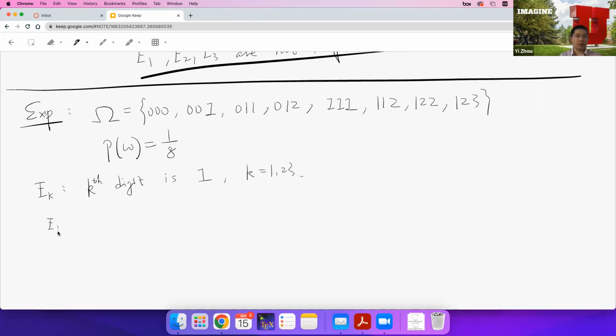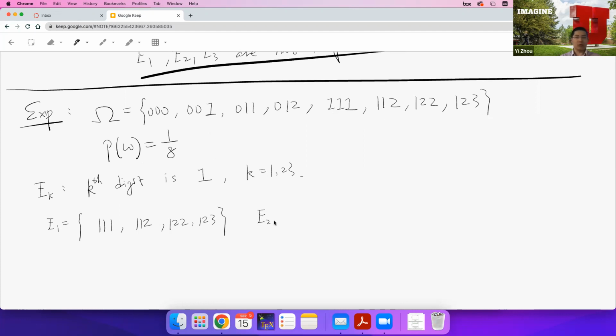By this definition, E1 means that the first digit is 1, so you have 4 terms that have 1 in the first digit, the last 4.